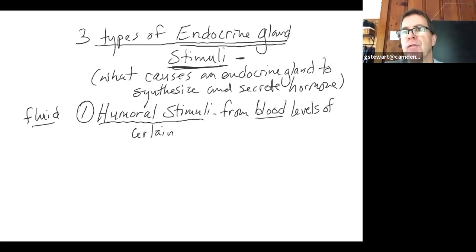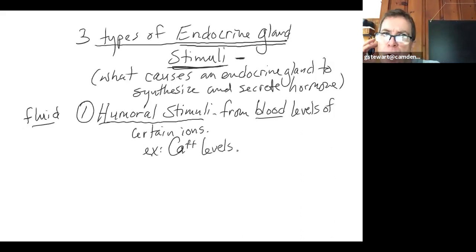say, for example, of certain ions in the blood. Could be a nutrient. Classic example, and since we've already done the skeletal system, is calcium levels in the blood.